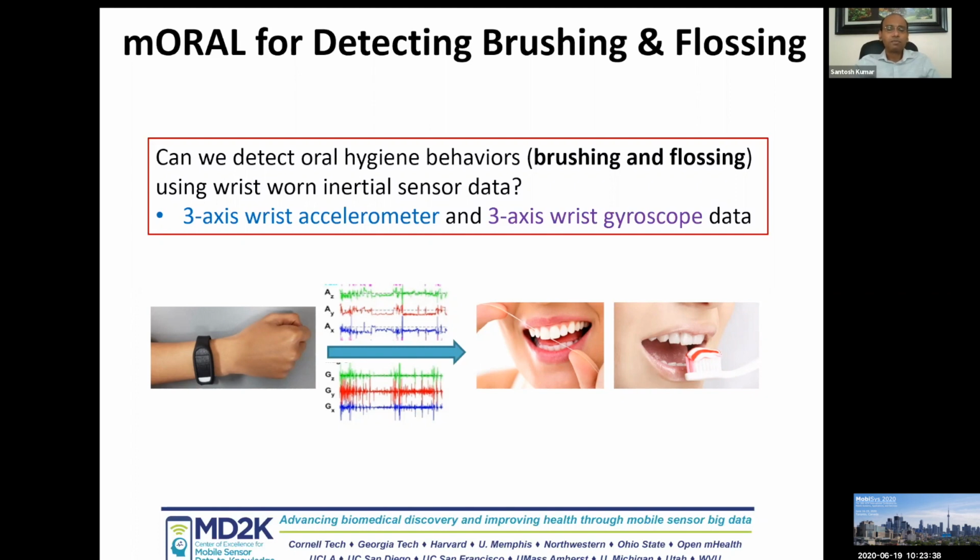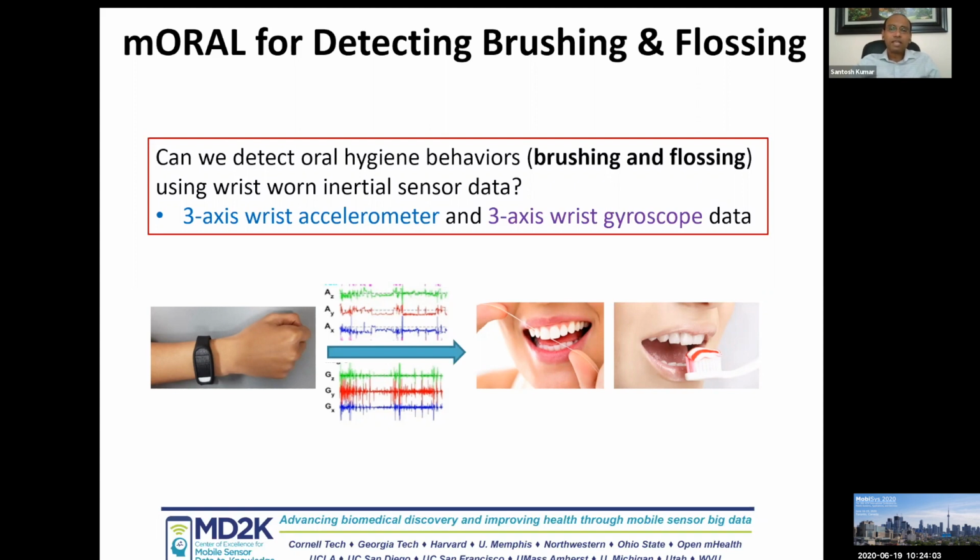But more than 80% of the population even in the US uses regular toothbrushes. So we wanted to see if by using increasingly popular wrist-worn trackers or smartwatches, we can detect brushing and flossing just by looking at the gestures or inertial sensor data from these smartwatches.